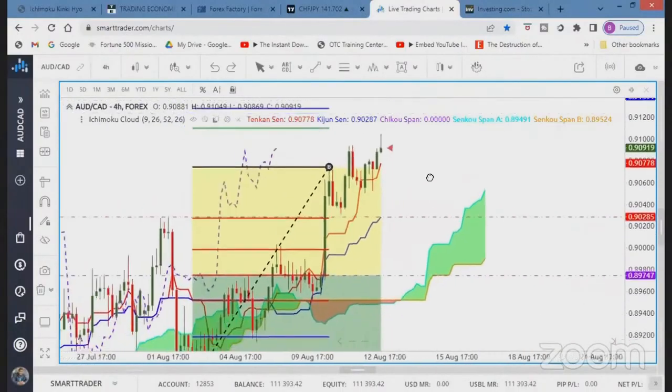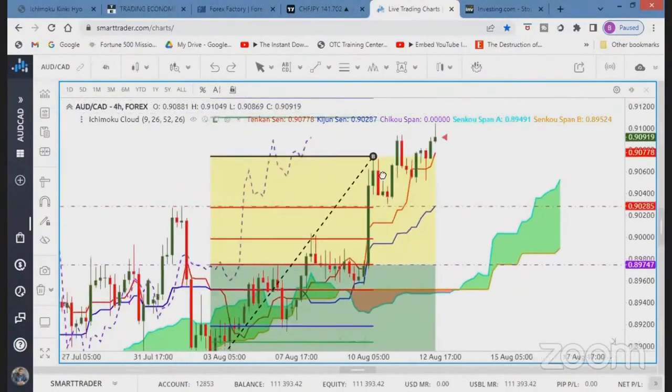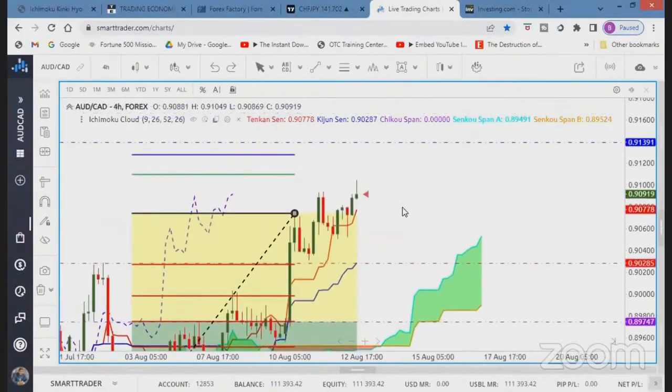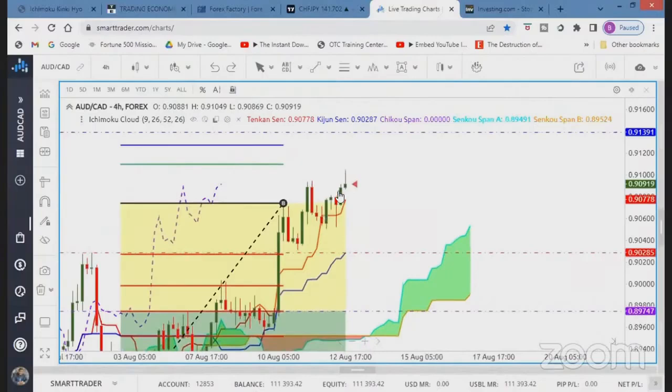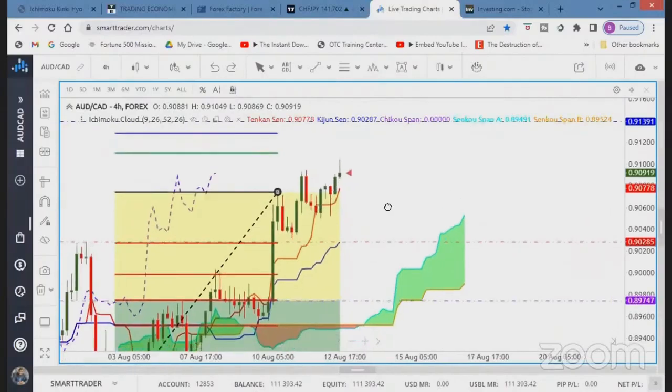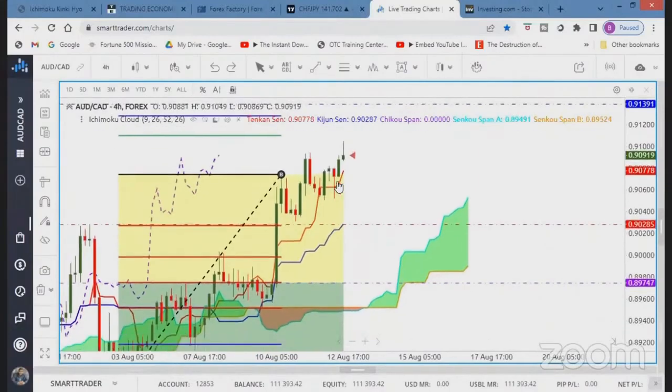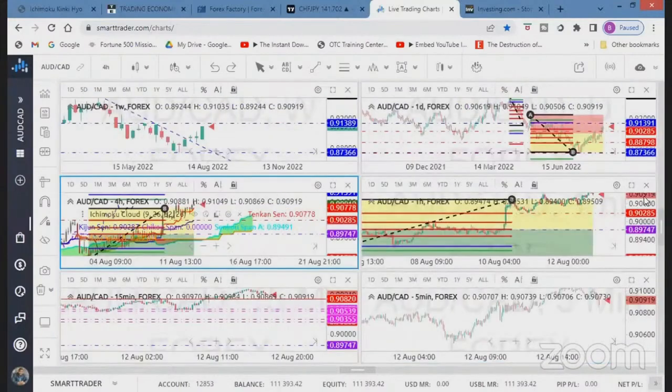So you can still do just like with anything else. You know how we can wait for price to get into our zone. This is another one here on this Aussie CAD, pushing up into the zone. You can still come down to your lower time frame and do the same thing.